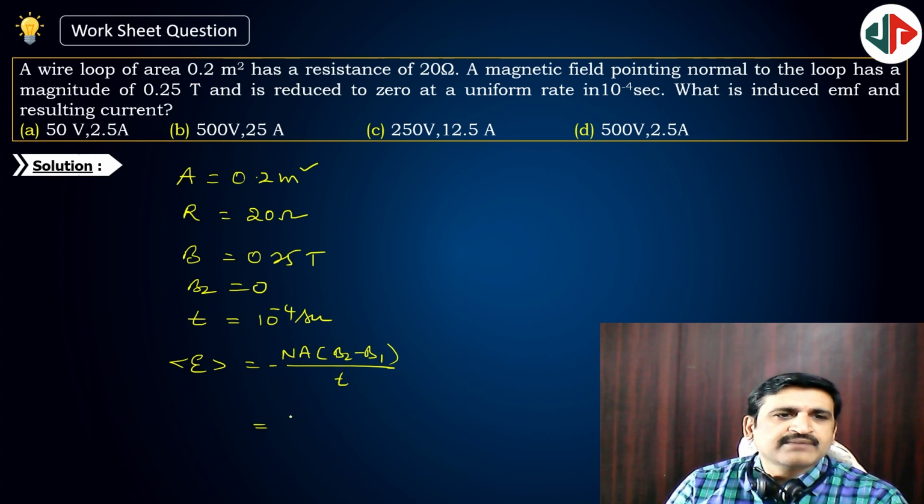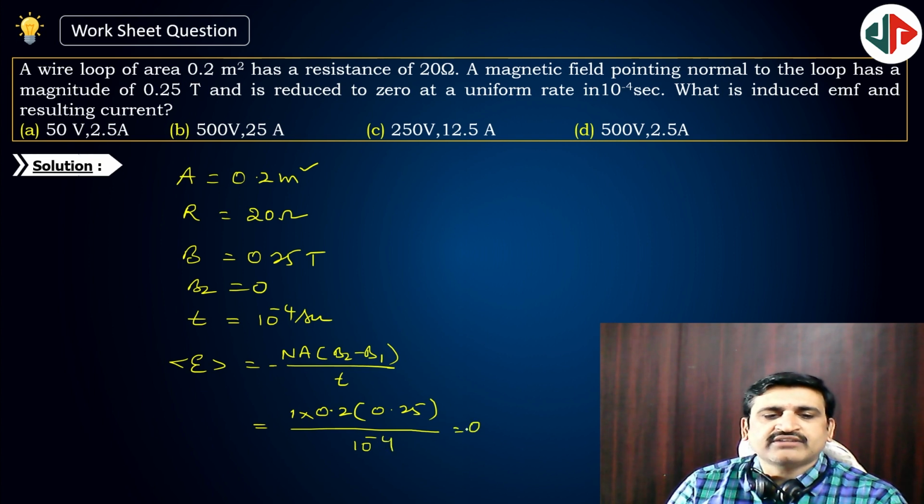So number of turns 1 into area 0.2 and change in field 0.25 to 0, that is 0.25, by time 10 to the power of minus 4. This will be 0.05 into 10 to the power of plus 4, that is nothing but 500 volts.